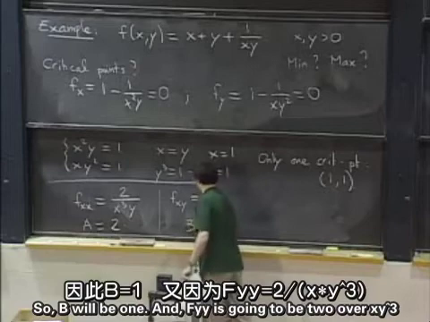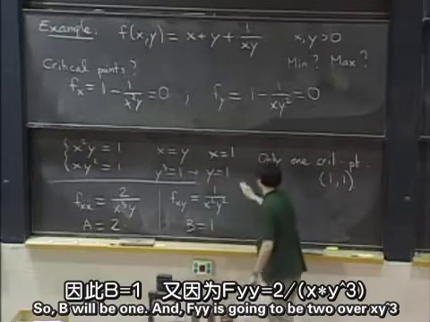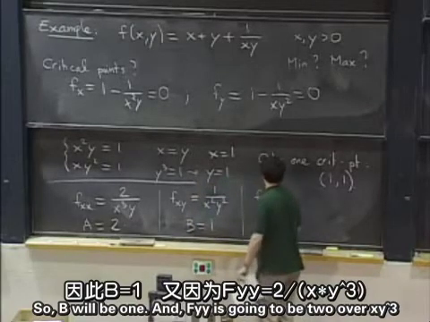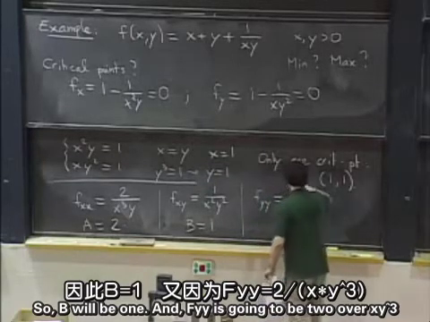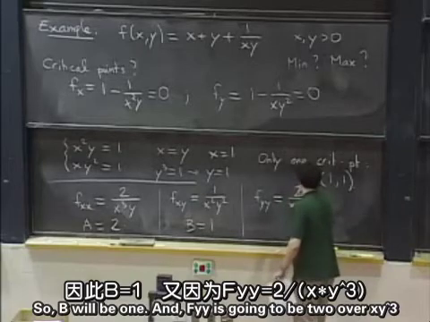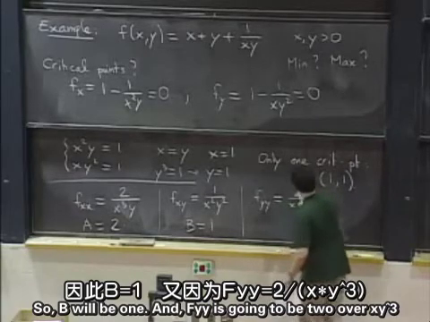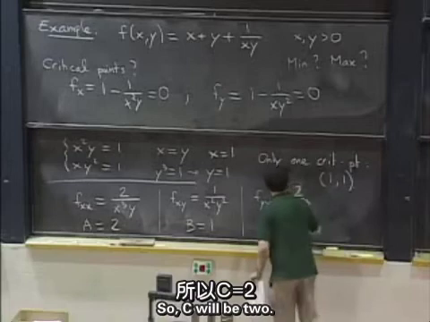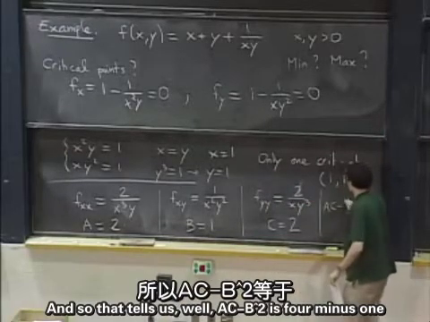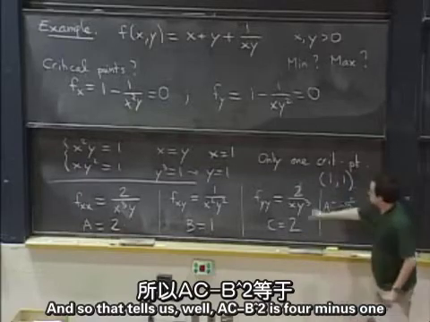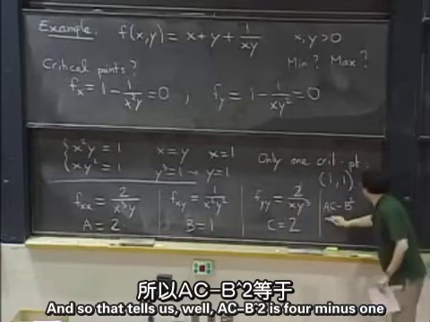So b will be 1. And f sub yy is going to be 2 over xy cubed. So c will be 2.